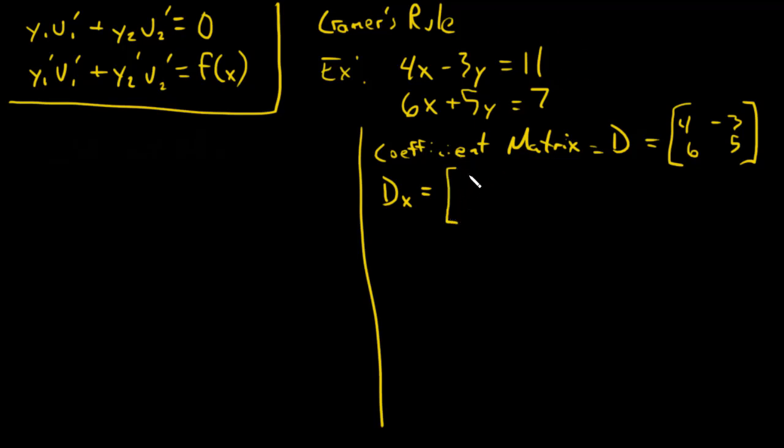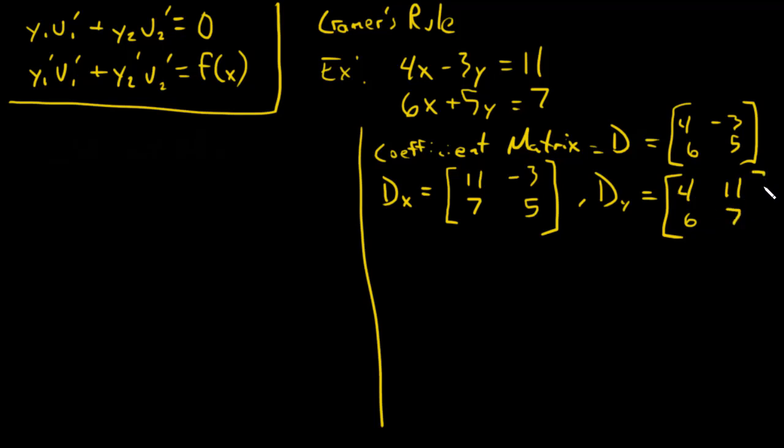So this becomes 11, 7, -3, 5. Okay? And Dy is going to be, if we eliminate the y's, but we don't move the coefficients in front. We leave the coefficients as is, so it's going to be 4, 6, 11, 7.